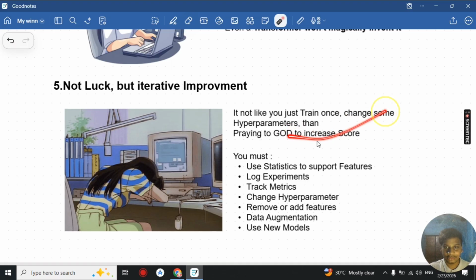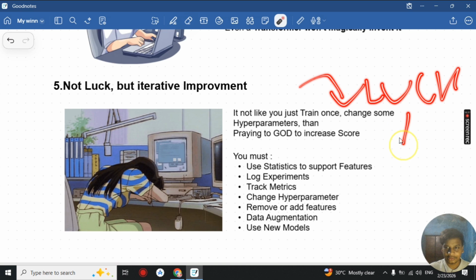Machine learning is about using statistics to support features, logging experiments, tracking metrics, changing hyperparameters, removing or adding features, data augmentation, and using new models. Experimentation is a part of your machine learning project or portfolio, and it does not work on luck.